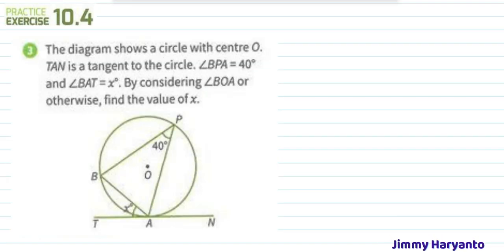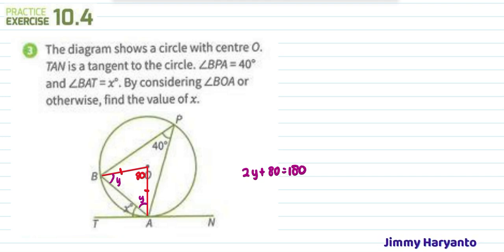Okay, next is question 3. For question 3, I think I have to create this line. So I will know the center angle. The center angle will be 2 times the 40. That means this one is 80. After that, I already know that this one is a radius. That means I can find this angle. So let's say that angle is y. That means 2y plus 80 equals 180 using the triangle.